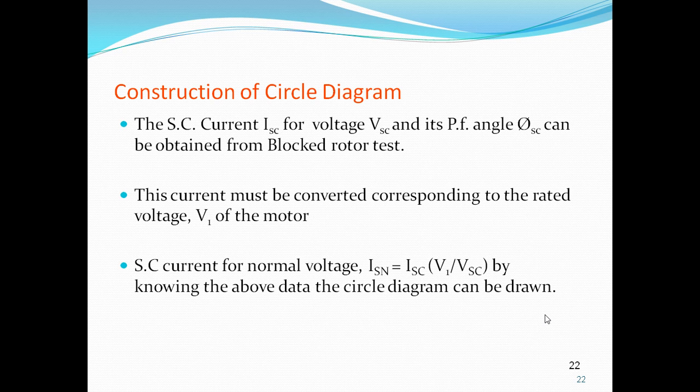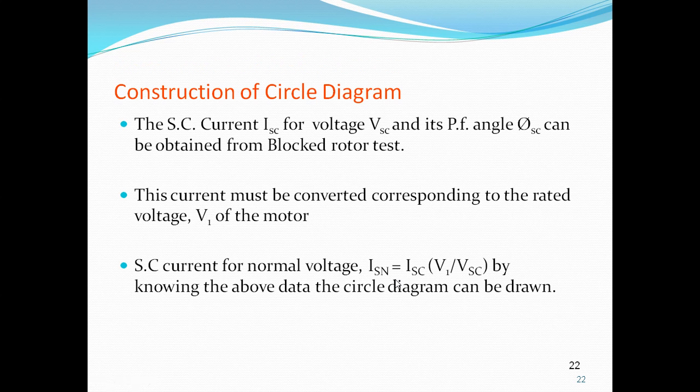Then we have to calculate short circuit current under normal voltage, that is ISN is equal to ISC into V1 by VSC.